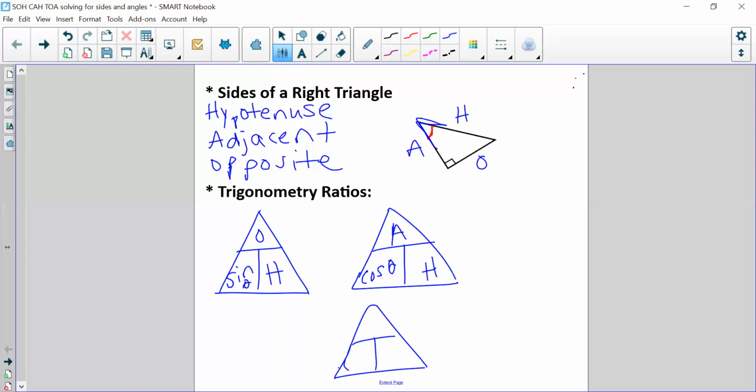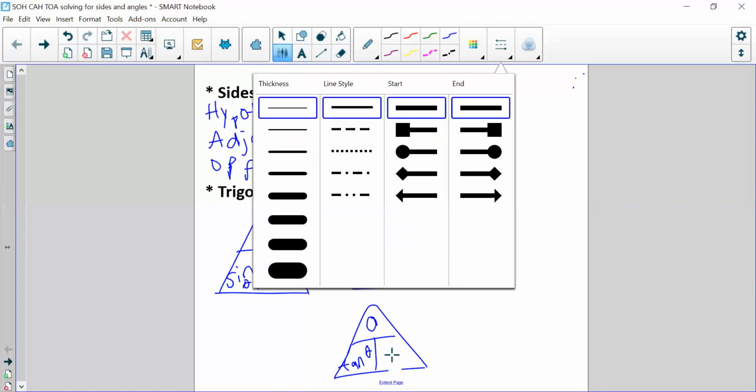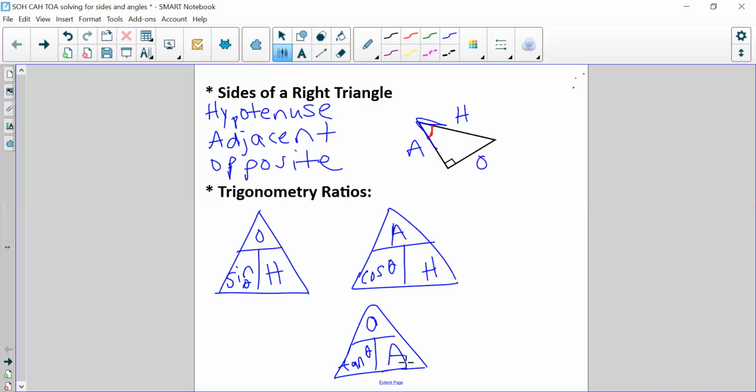So tan of your angle is opposite over adjacent. And I'll try to get these in a formula sheet for you guys so you can see them a bit better here.